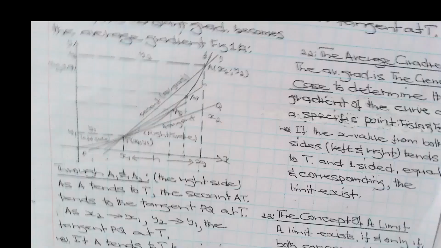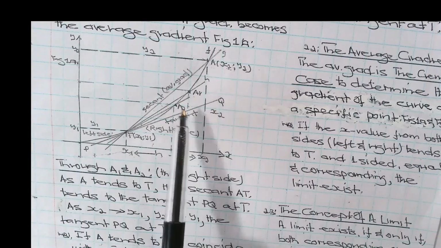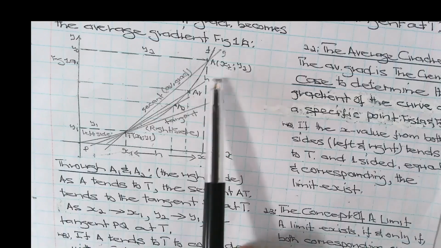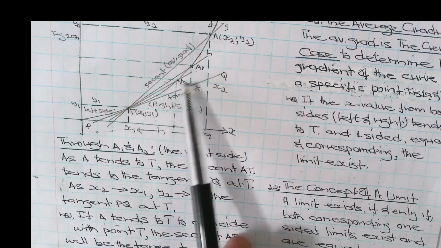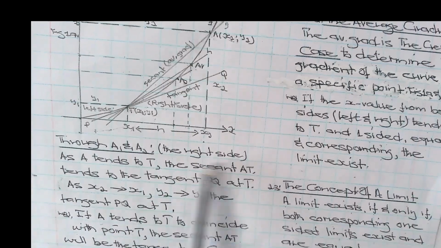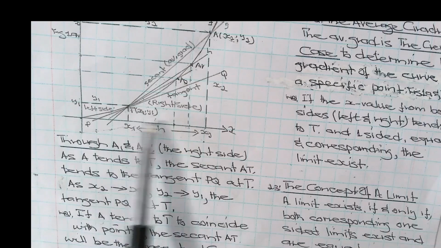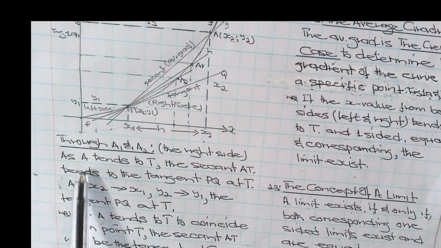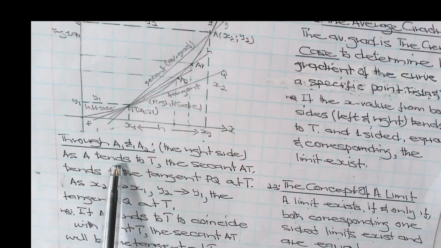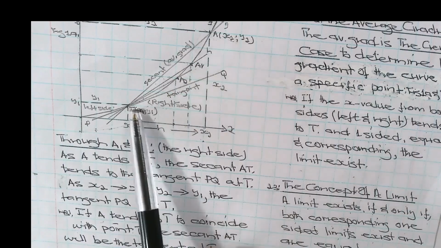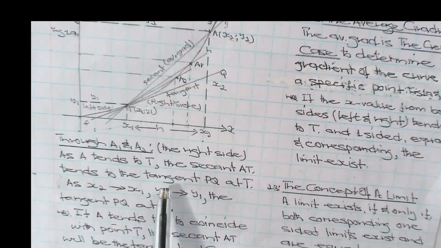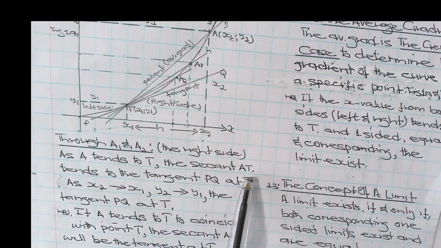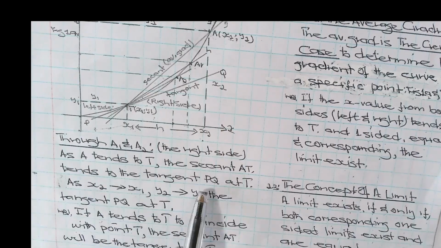Now, here is A1, here is A2, and there is A. Now listen to me. Through A2 and A1, from the right side of T, as A tends to T through the curve, the secant AT tends to the tangent PQ.